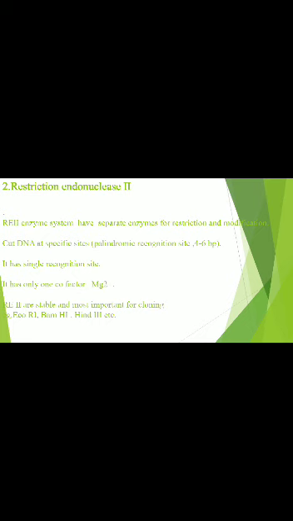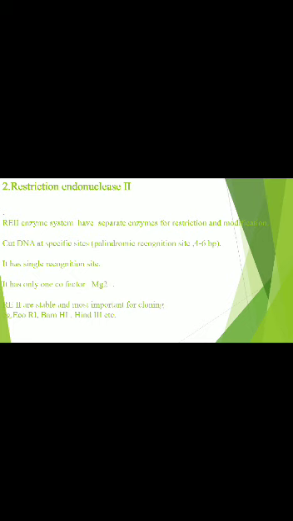Now restriction endonuclease 2. Restriction endonuclease 2 has separate enzymes for modification and restriction. They are independent of methylation and cut DNA at specific sites. Others cleave DNA randomly. They cut DNA at specific sites using palindromic recognition sites, that is 4 to 6 bp in length. It has a single recognition site.